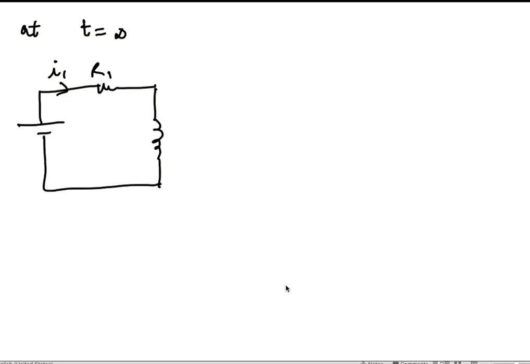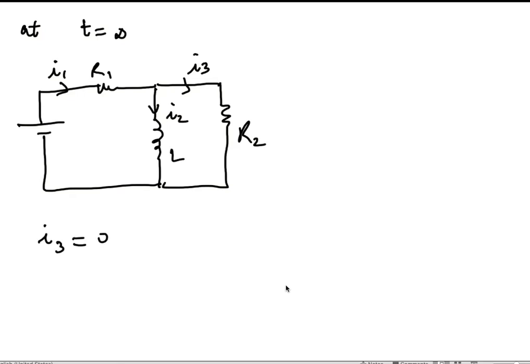So at t equal to infinity, I3 is 0, I1 equal to I2, and applying Kirchhoff's rule around this loop, E equal to I1 R1.